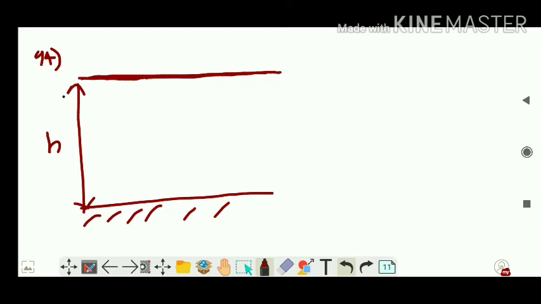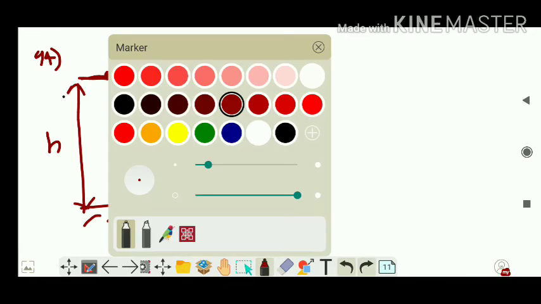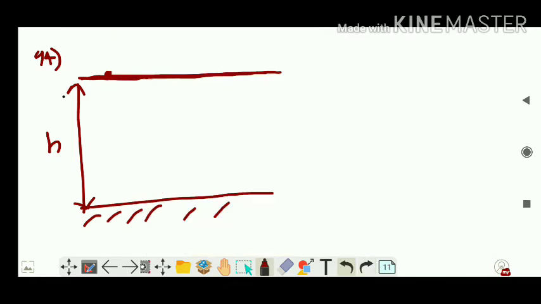As a stone is thrown vertically upwards, it will come back to the point of projection itself, right? If this is the stone, or ball whatsoever, I'm throwing it, then it has to reach the ground like this. So this line which I have drawn is its mean position.